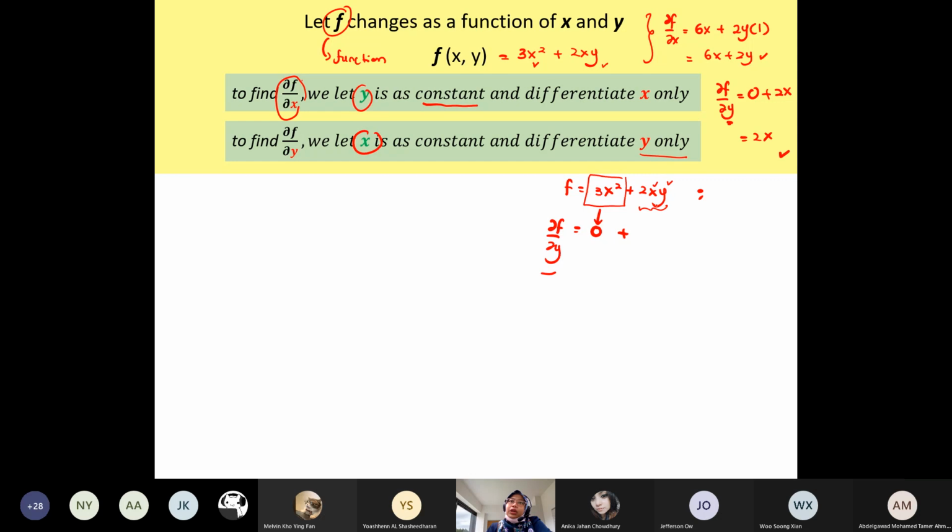How to do it? You treat x as a constant, and you bring it together with the 2. So it becomes 2x. Now you can differentiate y, which is equivalent to 1. So you have 2x times 1, which is equivalent to 2x. Once you already know this, you can skip this step and just write down 2x.